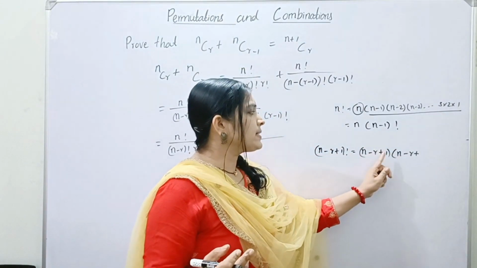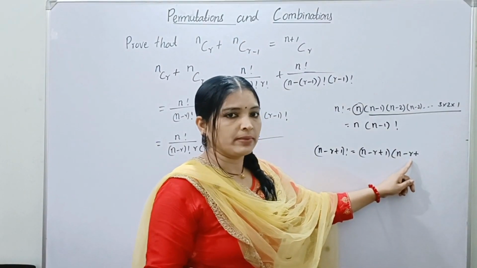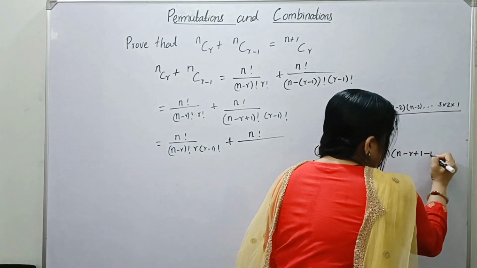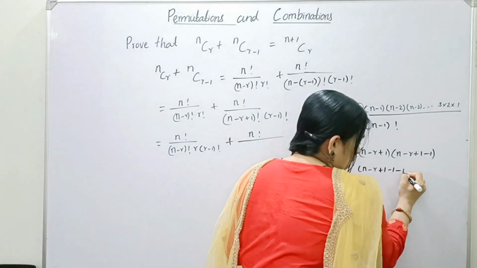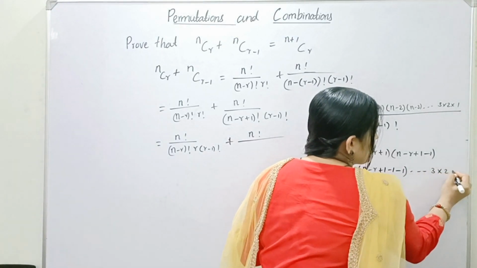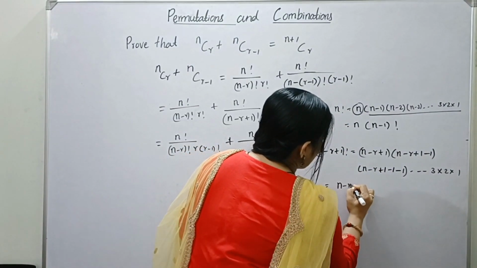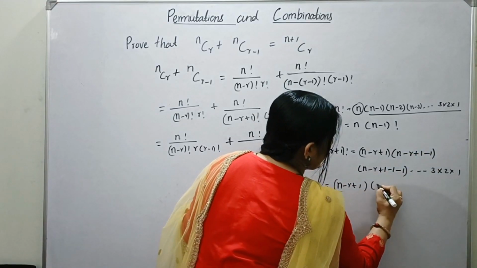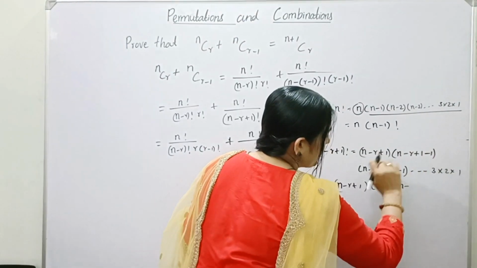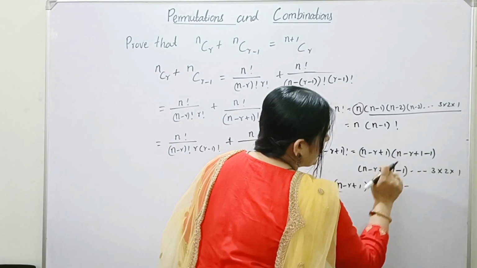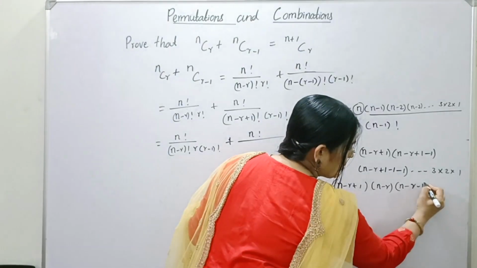So here (n minus r plus 1), the next term is (n minus r plus 1 minus 1), then (n minus r plus 1 minus 1 minus 1), etc., 3 into 2 into 1. Now here (n minus r plus 1 minus 1) becomes n minus r, since plus 1 minus 1 cancel, and the next term will be (n minus r minus 1), etc.